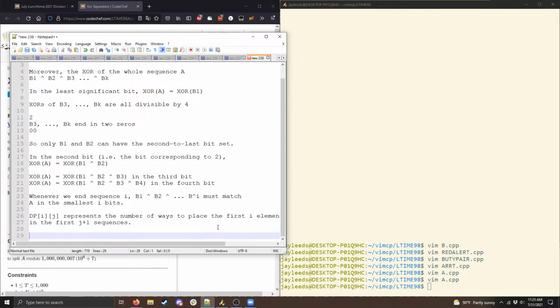And to transition, first of all, we can just not start a new sequence. We can add a new element to the same sequence.